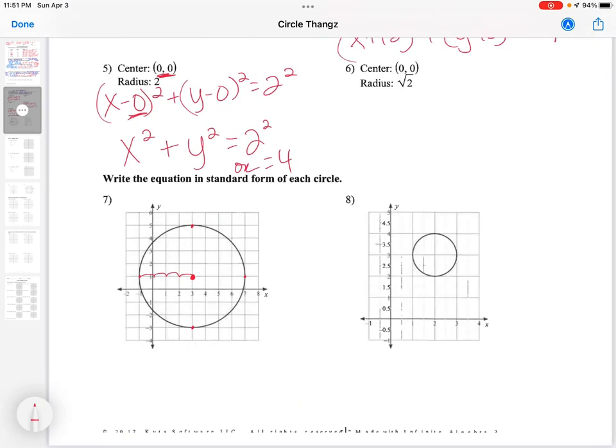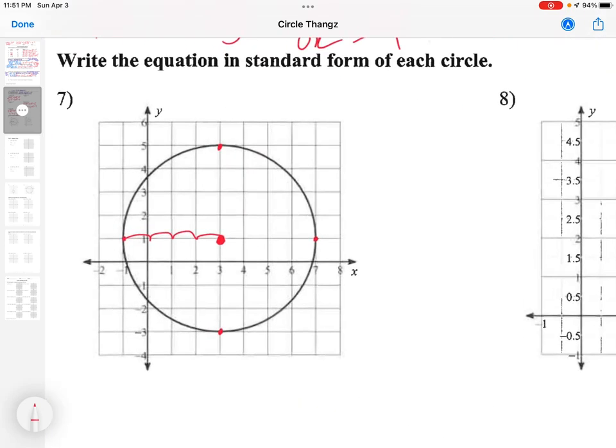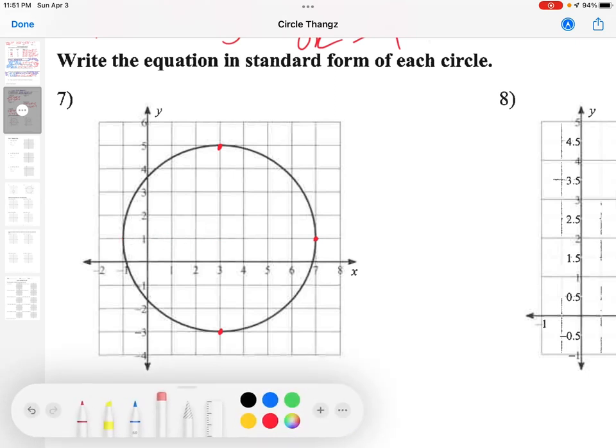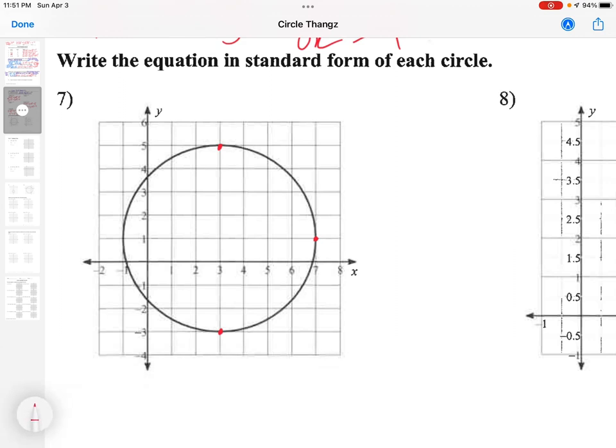And I can verify up and down too. Since it's at -3 and it goes to 5, that's a distance of 8 units. Therefore, 4 units would be my midpoint. Therefore, I know my center is at (3, 1).